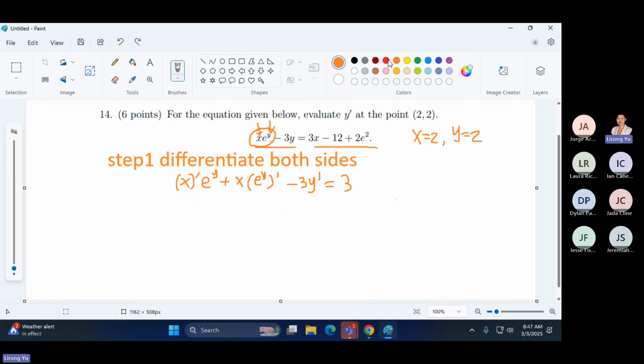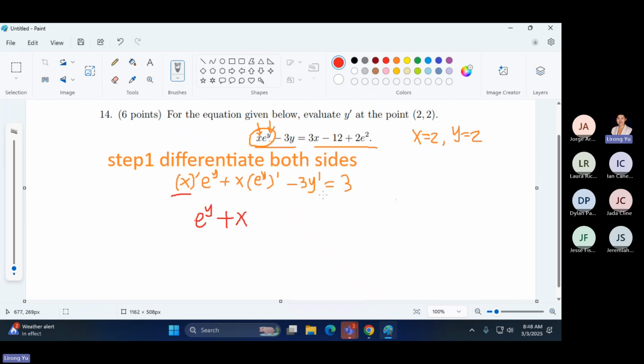So, then we differentiate the x. The derivative of x equals 1. That's 1 times e to the y. If we want to be more concise, 1 times anything equals itself, so we don't write it. That's e to the y plus x times e to the y differentiated.